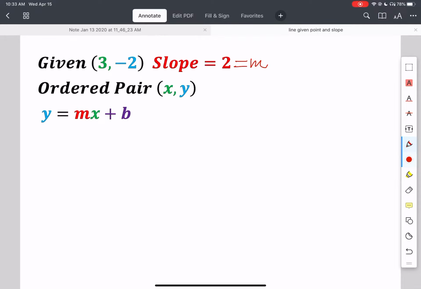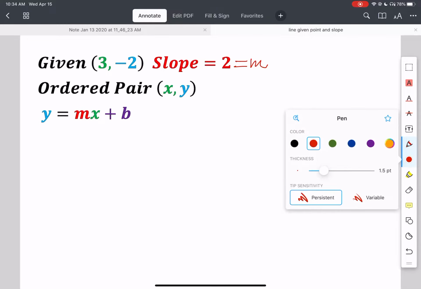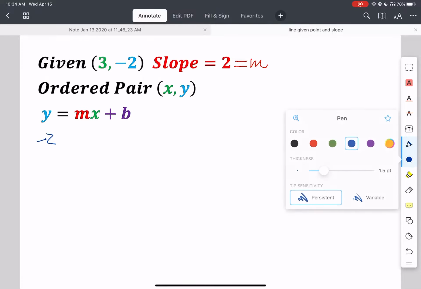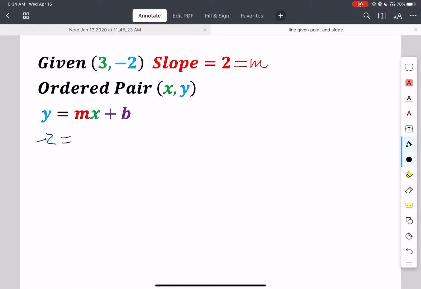Therefore, the way I set this up is I simply plug in those three values, so the only thing I have not replaced is b. So y is negative 2, which is equal to m times x, and so I'm putting both of those in parentheses, plus b.